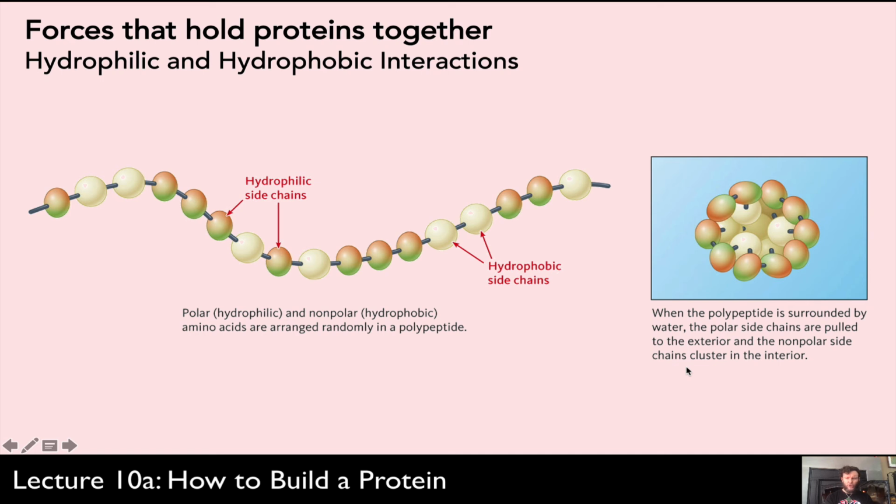So a little bit about the forces that hold proteins together, and then we're done. We've seen that these linear chains can have hydrophilic amino acids mixed with hydrophobic amino acids along its length. When that protein, that linear chain of amino acids, goes to fold itself, the hydrophobic amino acids are going to gather together to minimize their interaction with water because they don't like to be around water, and water agrees, it doesn't really want to be around them.